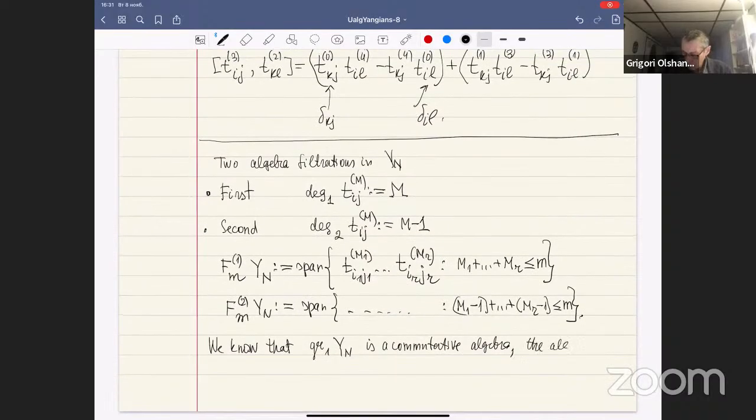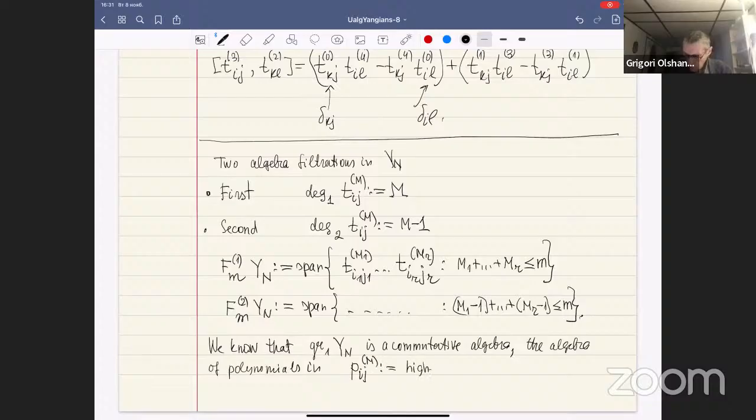The algebra of polynomials in countably many generators. Let's denote them as follows.